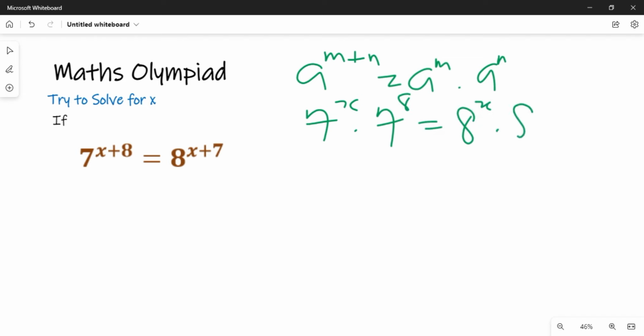So what are we going to do next? What we are simply going to do next is to divide both sides by 7 raised to power 8 and 8 raised to power x.